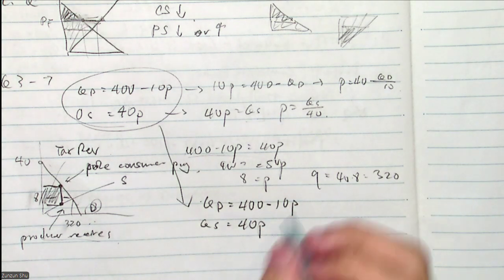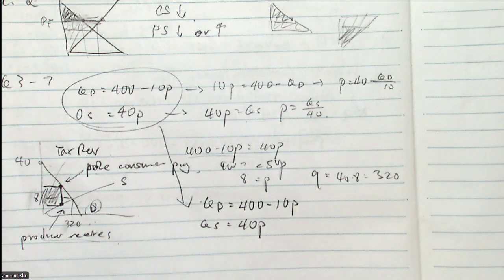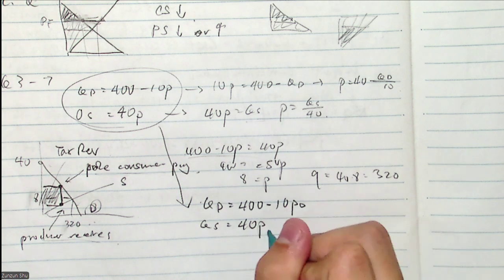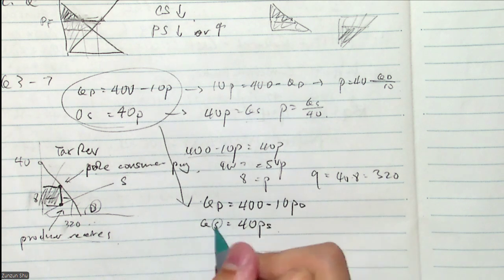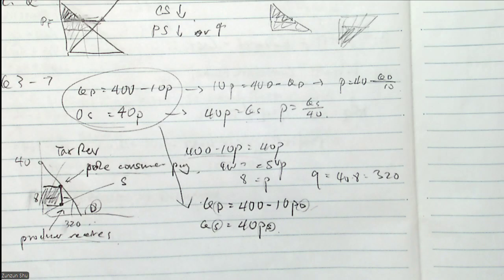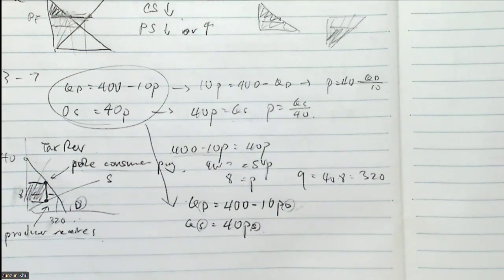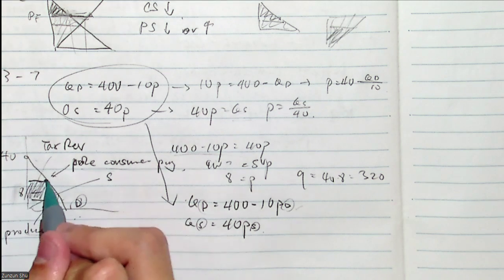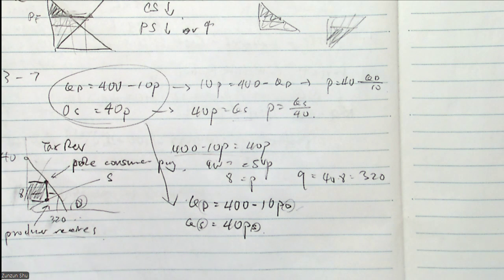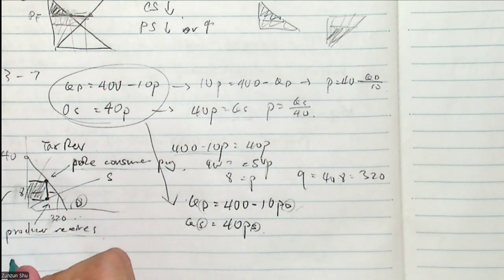Now, it's good to write the P here as PD, okay? And this is going to be PS because you see supply for supply, demand for demand. And PD just means the price consumers pay, PS, price suppliers. Now, given what you know about this, is there a way for you to realize what the relationship is going to be between PD and PS?